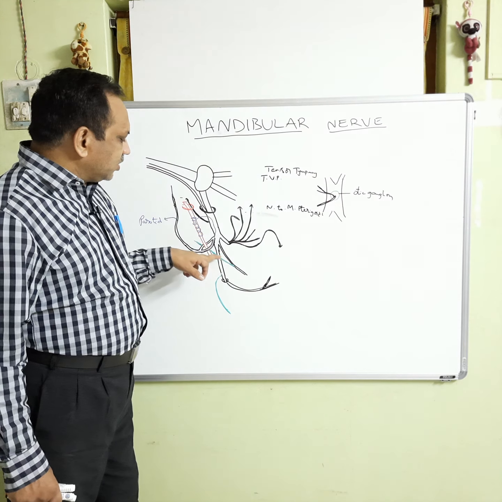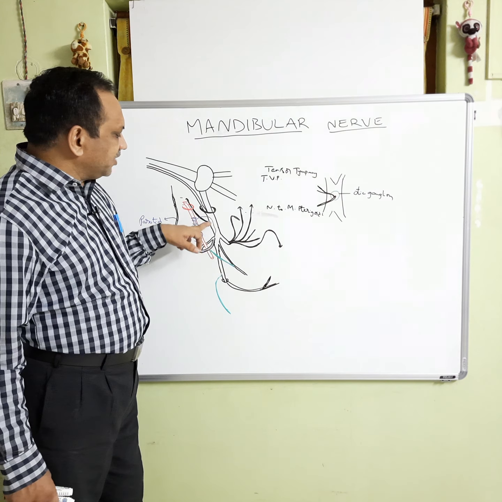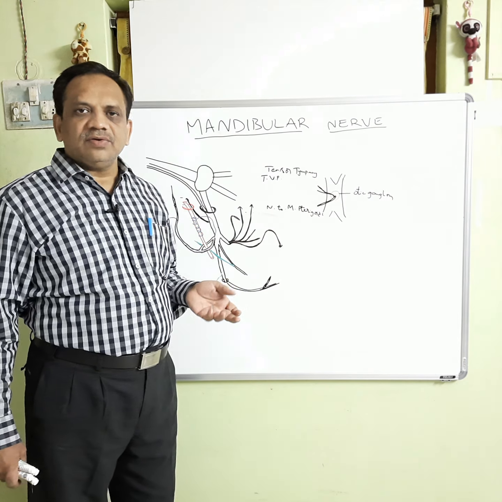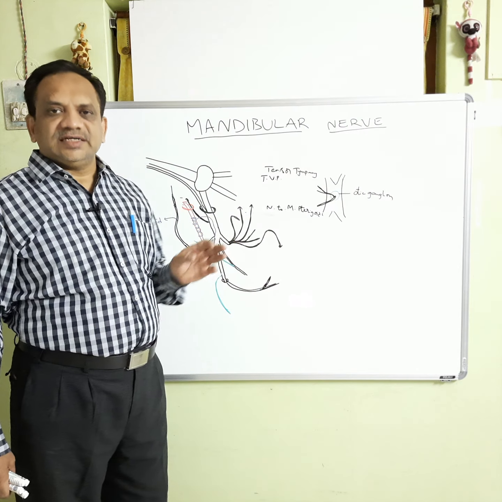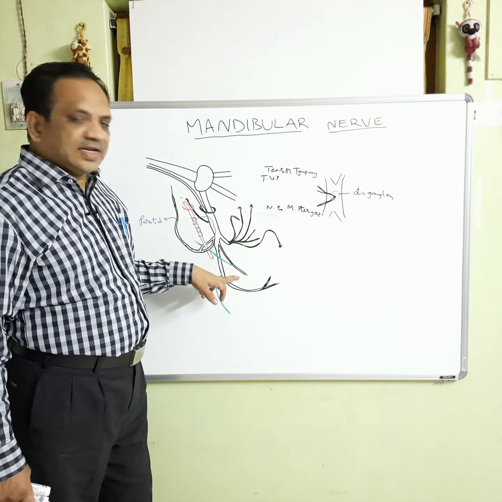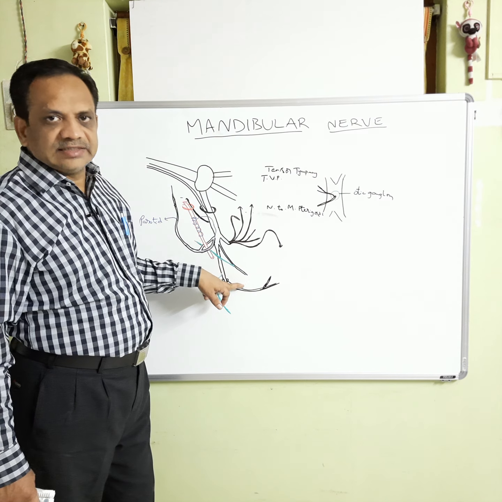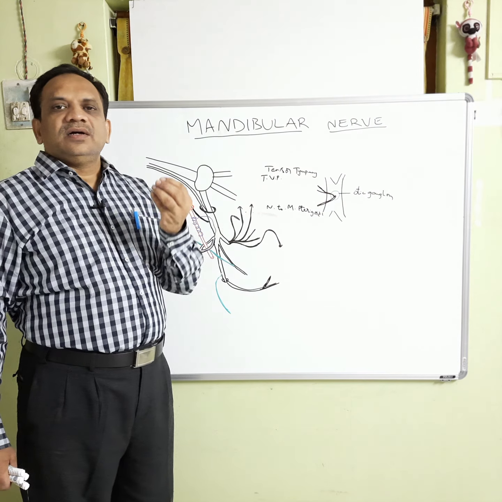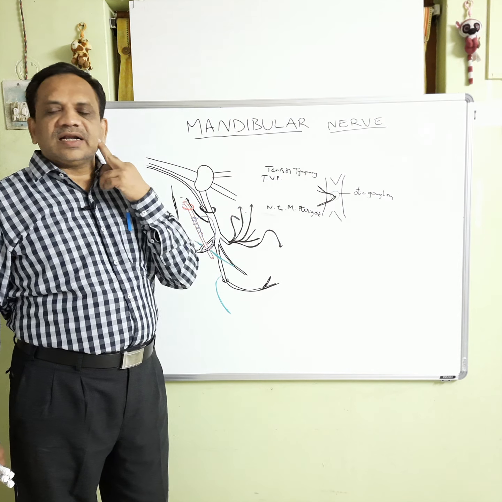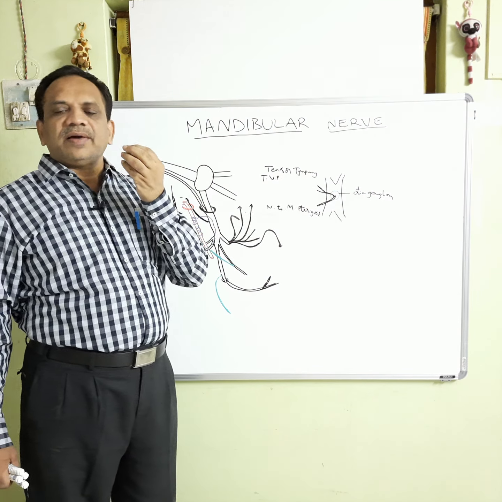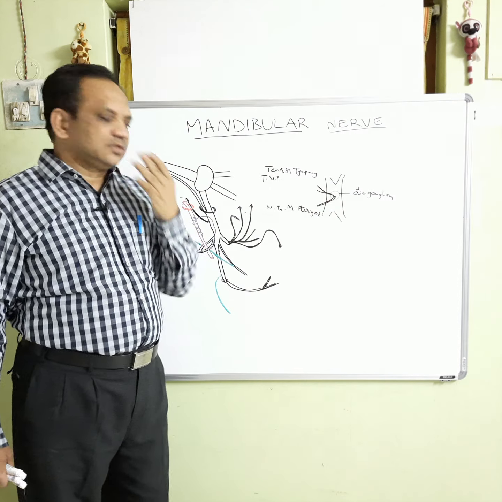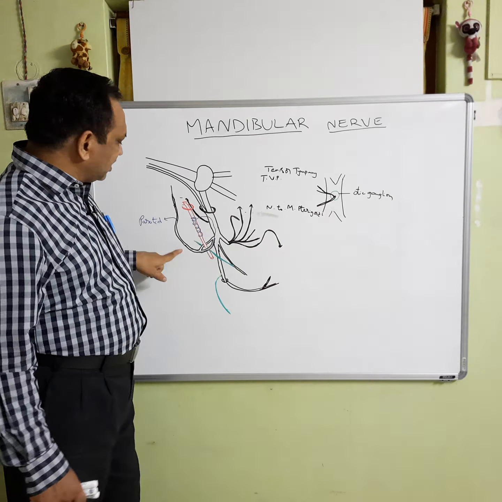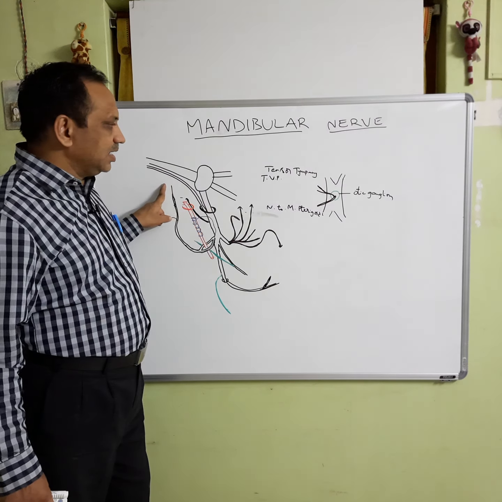So while going, it gives a small twig to the otic ganglion, which may be the alternative pathway for the taste sense. That's why it is very important in this region. So sometimes the referred pain from dental caries or infections of the gums may be referred to the temple region by means of this auriculotemporal nerve.